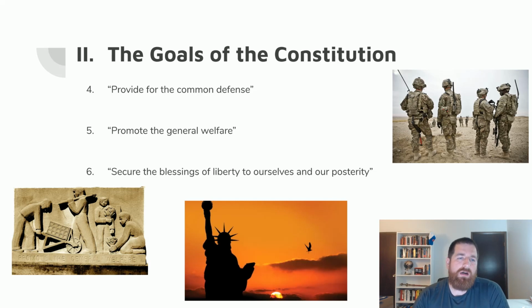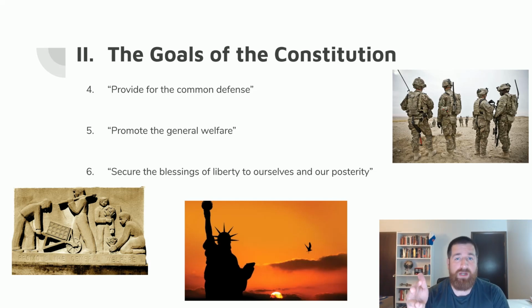So those are the 6 goals. Again, create a more cooperative country between states as well as the state governments and the federal government. Establish justice. Create a just society based around laws that are fairly enforced and apply to everyone equally. Provide for the common defense, which means that we want to protect citizens from outside threats. I skipped one there, apologies.